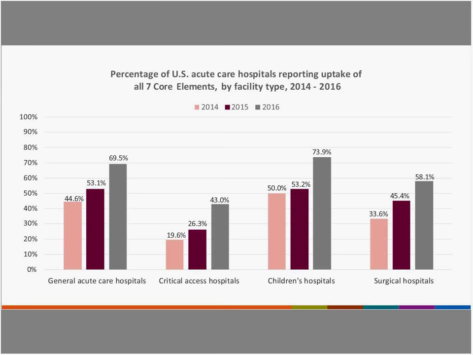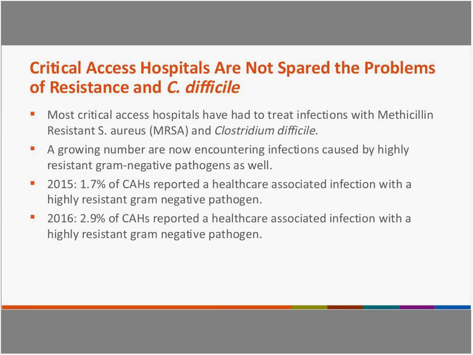So this is an area where we have wanted to focus, especially since we know that critical access hospitals are certainly not spared any of the problems of antibiotic resistance and Clostridium difficile. Indeed, we know that most critical access hospitals do encounter cases of both methicillin-resistant Staph aureus, or MRSA, and Clostridium difficile.